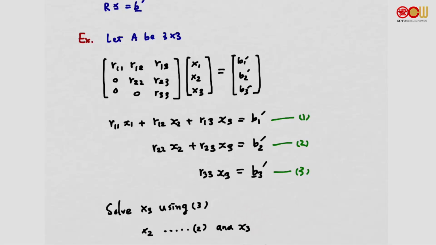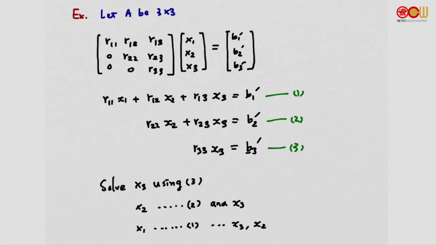Now we are down to the last variable. For the first equation, we see that we have x2 and x3, which we have already known. So these two terms are already known, and they can be moved to the right hand side, and we can use this to solve x1. So there we go. x1 can be solved using the first equation and the knowledge of x3 and x2.